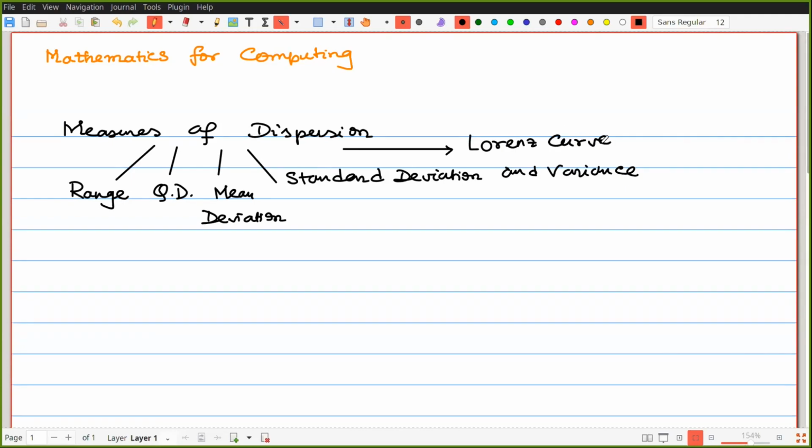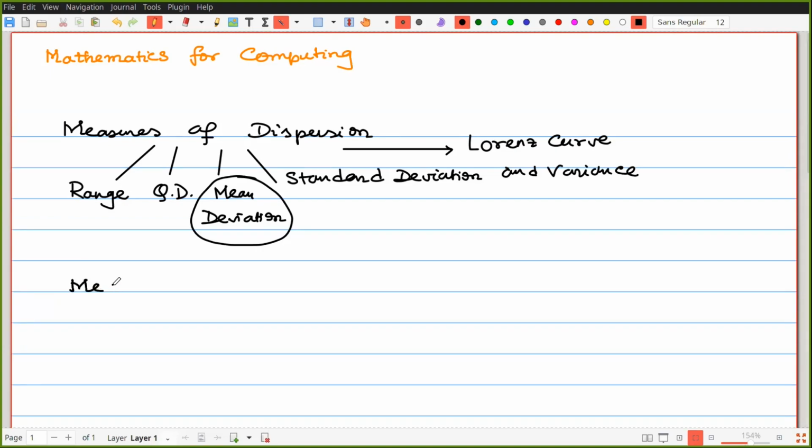Although the Lorentz curve is not in your syllabus, we will discuss it later. So today our topic is based on the mean deviation. Previously, there was range and quartile deviation at first, then the mean deviation.